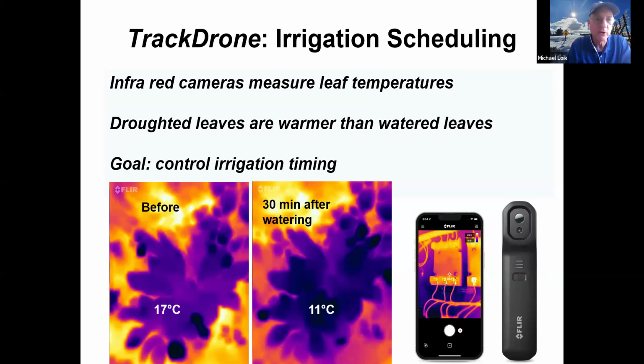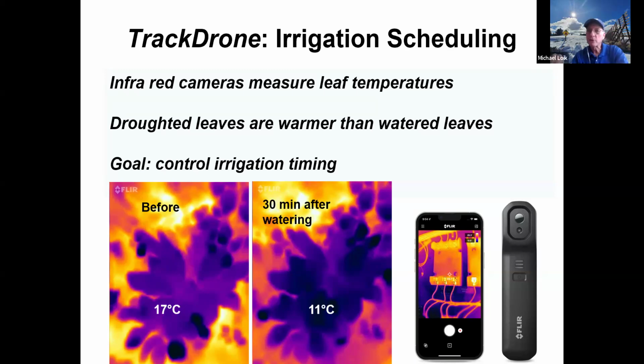And here's a little demonstration on the left where some cover crop leaves that I took an image of over this past weekend. And they came out to 17 Celsius in that purple label there. The yellow is the soil underneath the plant, and the purple are the leaves.